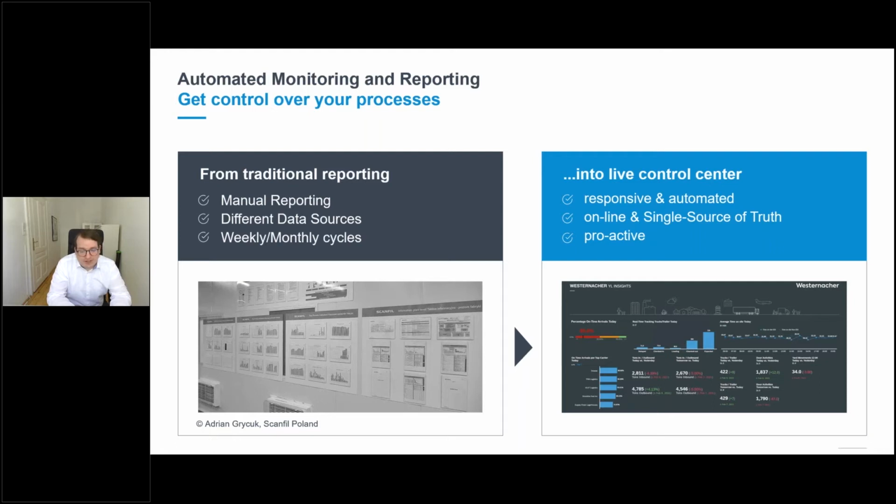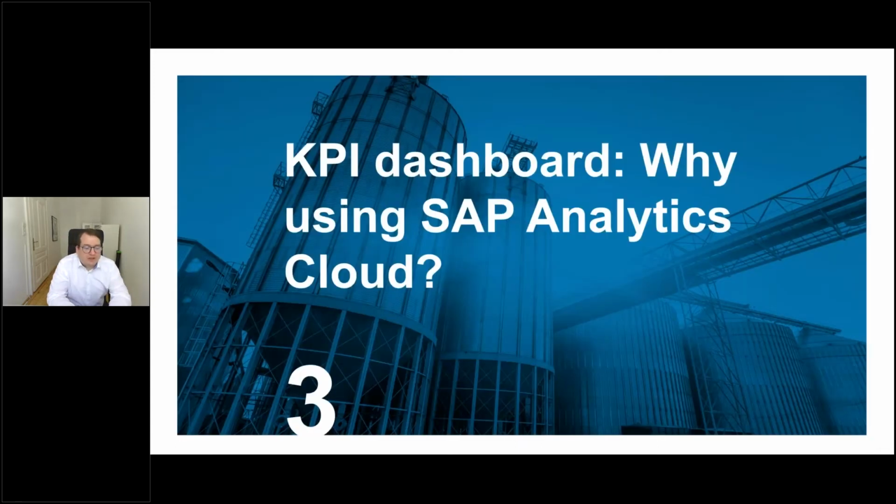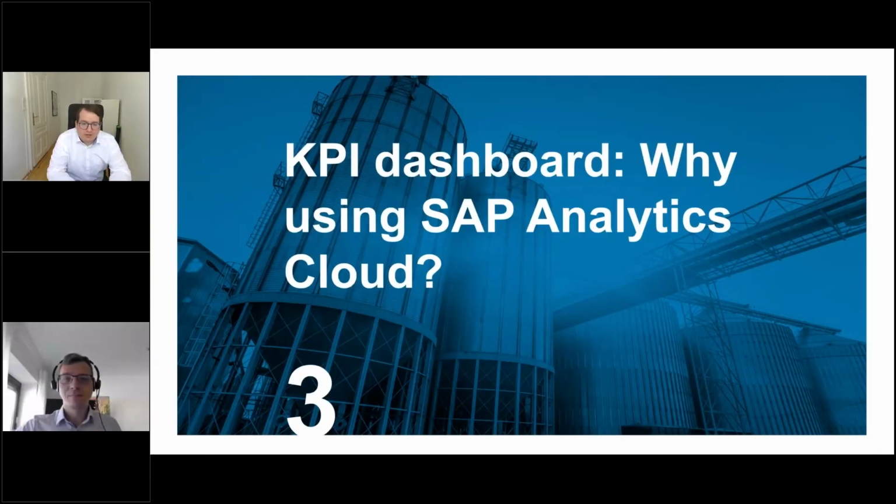It's all about getting control over your processes with this automated monitoring and reporting. And I think, Mark, I hand over to you to introduce the KPI dashboard in detail.